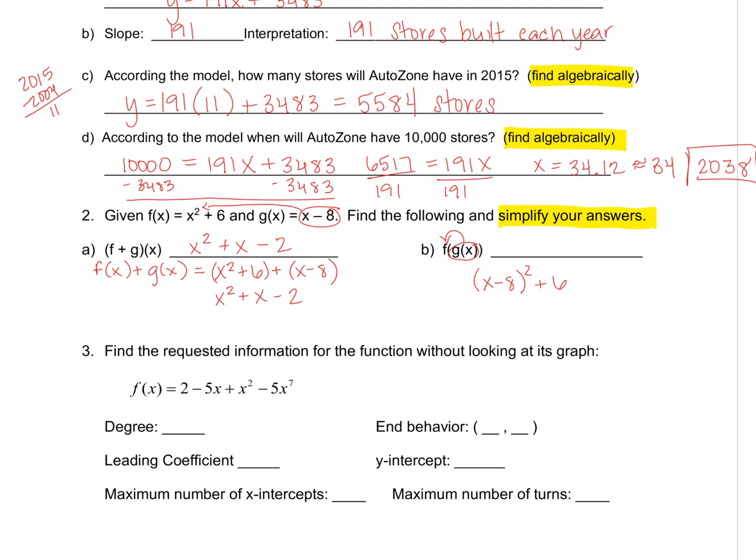Well, I have to square x minus 8, so I'm going to get x squared minus 16x plus 64. Actually, I'm going to drop that parentheses there. Plus 6, and my final simplified answer will be x squared minus 16x. 64 plus 6 is 70.